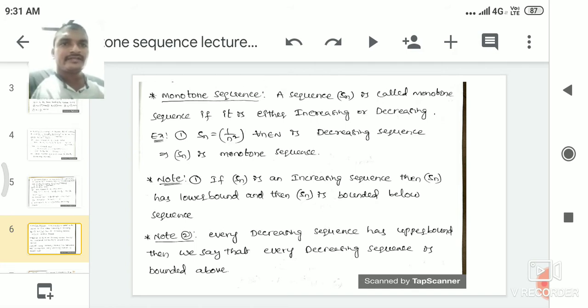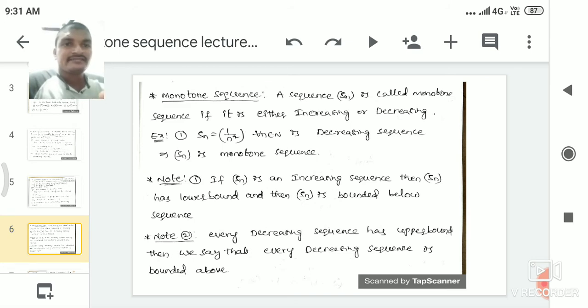Note point 1 here. If Sn is an increasing sequence, then Sn has a lower bound, that is S1, and then Sn is called a bounded below sequence.